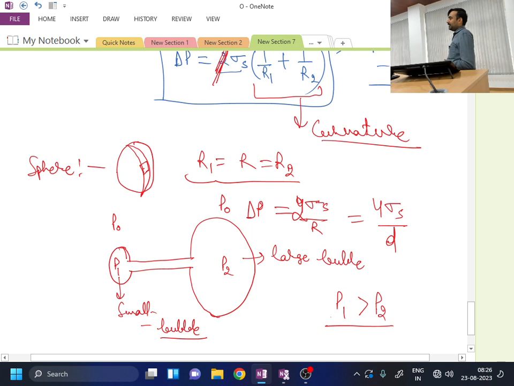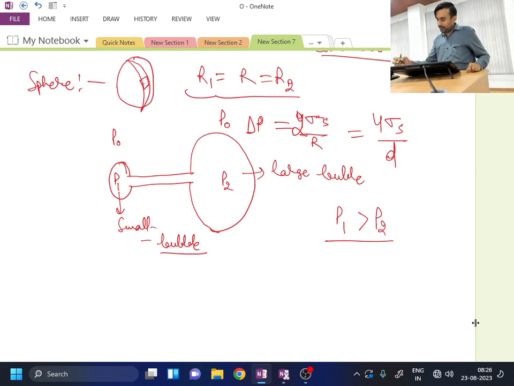So in this situation, we will find that fluid will flow from the small bubble to the bigger bubble. Okay, so the size of the bigger bubble will keep on increasing till this entire small bubble is diminished.